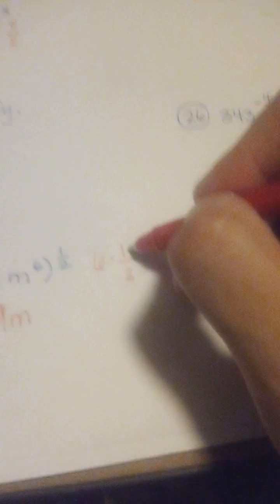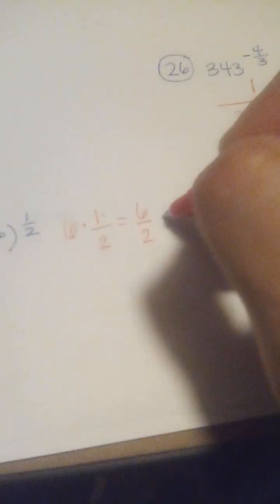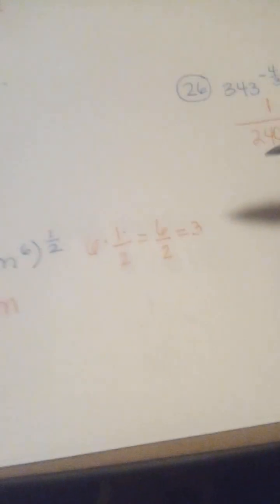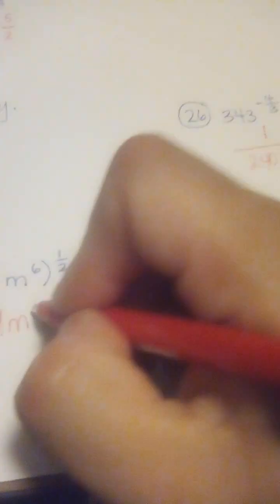Let's do this here. 6 times 1 is 6, divided by 2. 6 divided by 2 is 3. That is our exponent. Are we finished? Yes, that is our final answer.